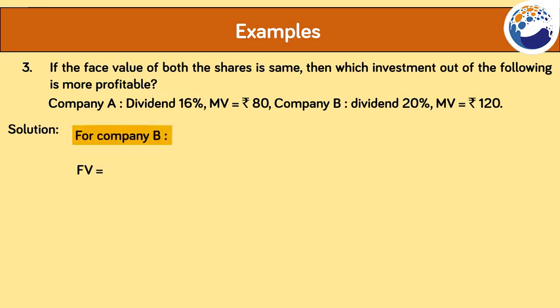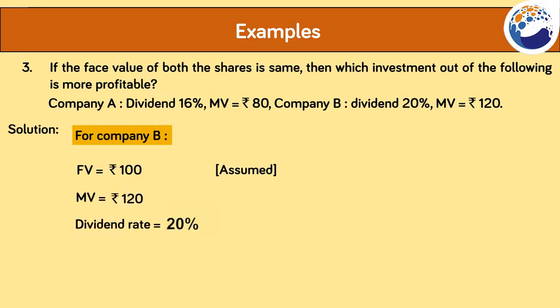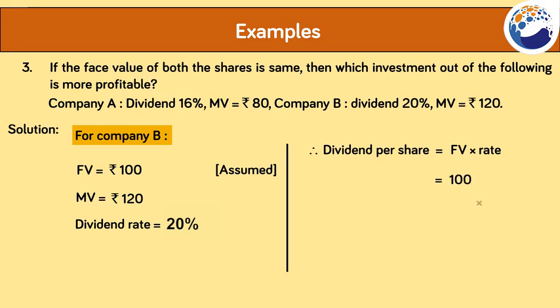2. For Company B, FV is equal to Rs 100, assumed, MV is equal to Rs 120. Dividend rate is equal to 20%. Therefore, dividend per share is equal to FV into rate, which is equal to 100 into 20% is equal to 20 upon 100 into 100, that is equal to Rs 20.